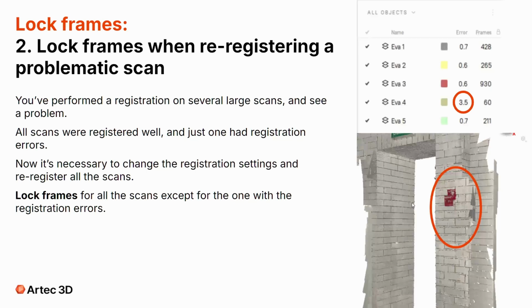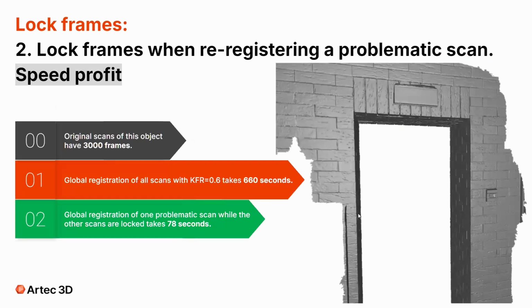So now let's look at the result of two global registration options for this project, which contains about 3,000 frames. If you run a standard global registration on the entire project at keyframe ratio 0.6, you're looking at 660 seconds, about 11 minutes. And by using log frames on the scans that are already correct, you can isolate just the one troublesome scan.